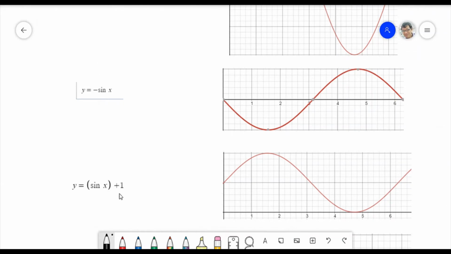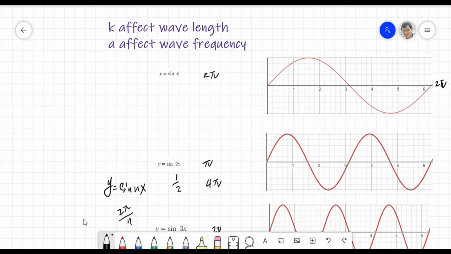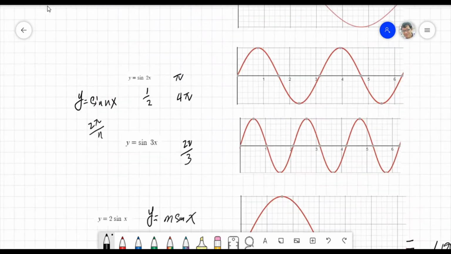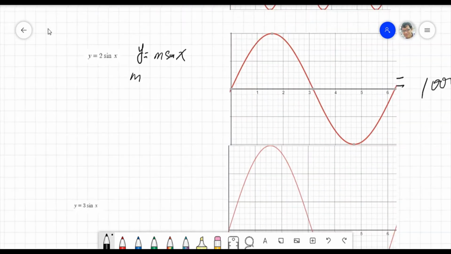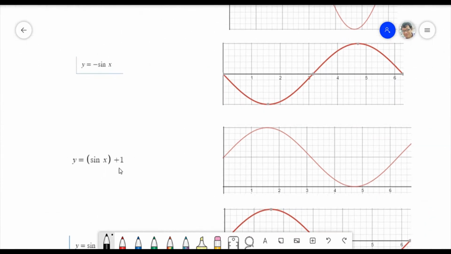Okay, so here is plus 1. What I'm writing there is C. Let's see what plus 1 looks like. Every time we get y, it will move up the y-axis since it's plus 1.